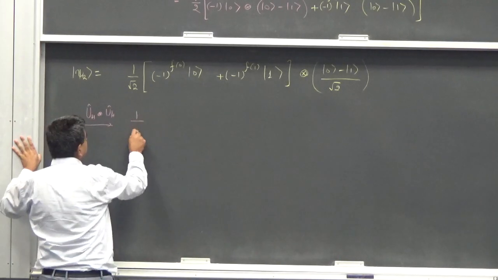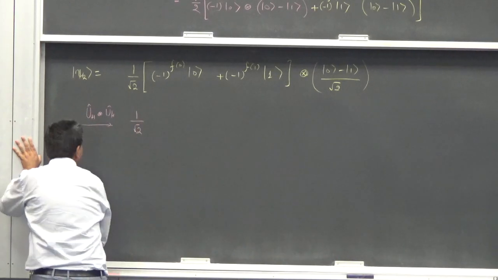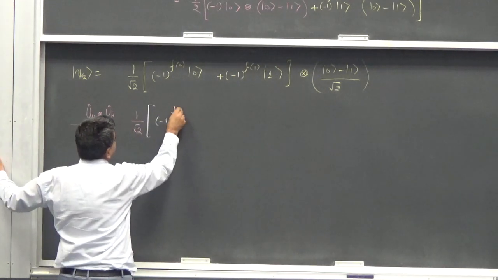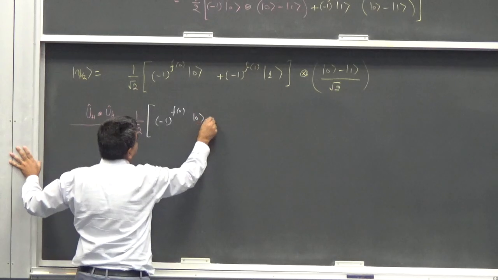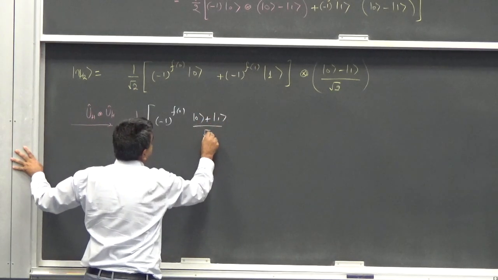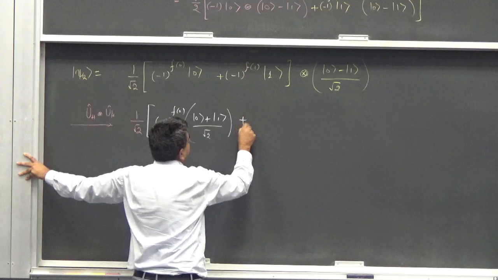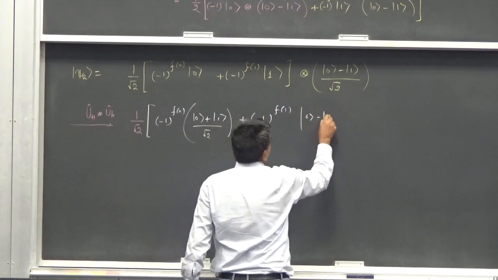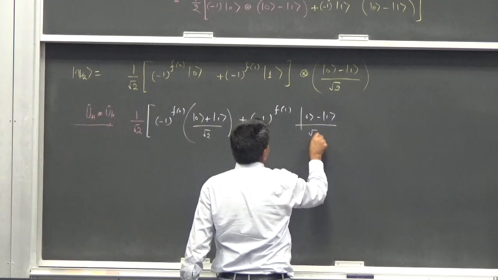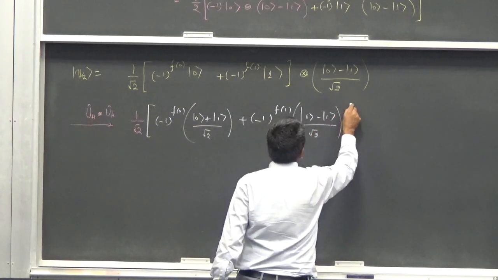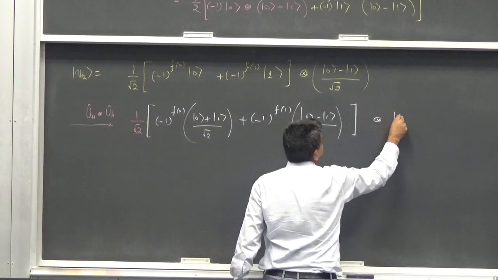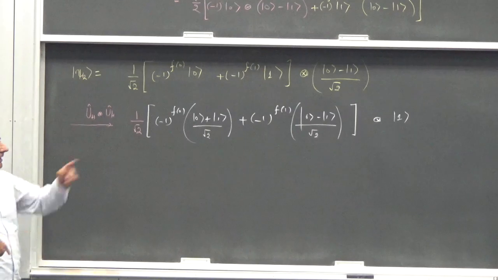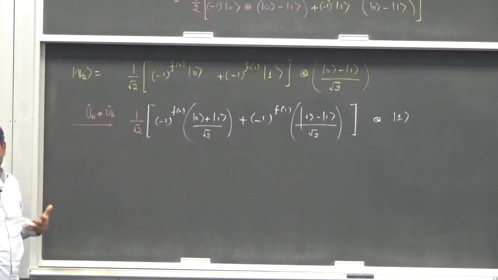You already know the recipe for this. 1 over root 2, (-1)^f(0), this will become (|0⟩ plus |1⟩) over root 2, plus (-1)^f(1), (|0⟩ minus |1⟩) over root 2. And the second qubit has just gone back to |1⟩, because when the Hadamard gate acts on it, it converts it back to |1⟩.